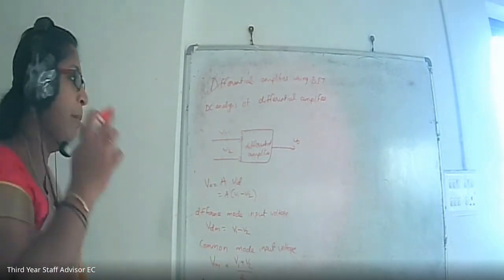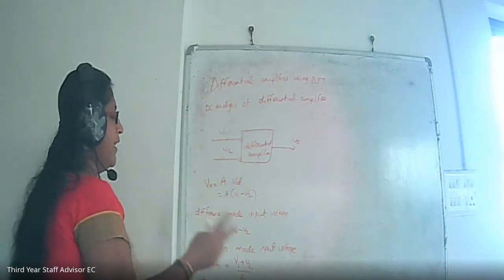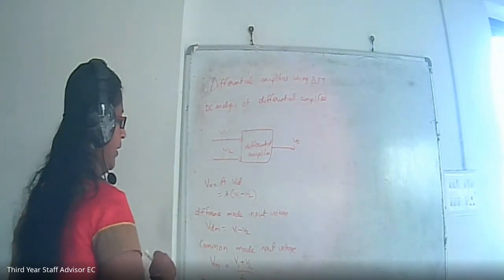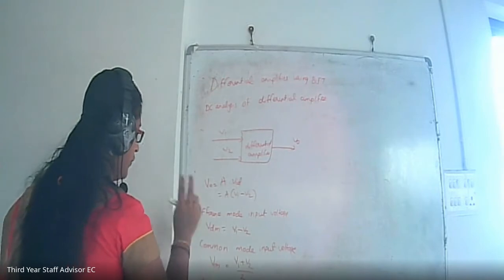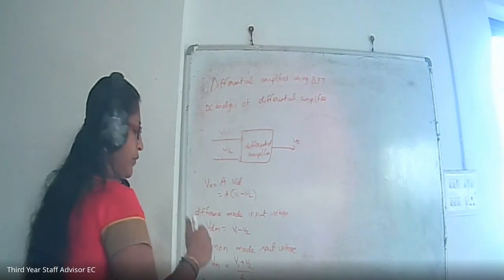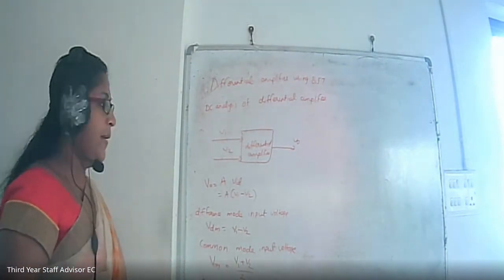You should remember this point also. There are two types of input defined: difference mode input and common mode input. Difference mode input is VDM equal to V1 minus V2, and common mode input is VCM equal to (V1 plus V2) by 2.